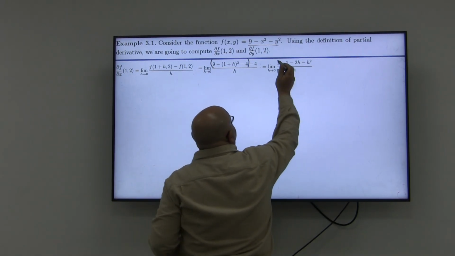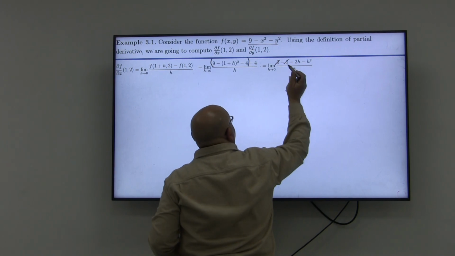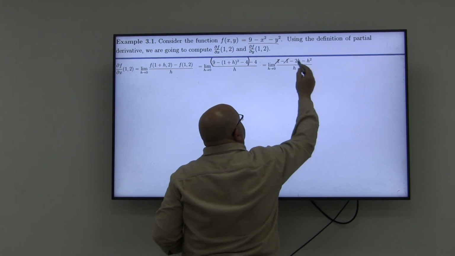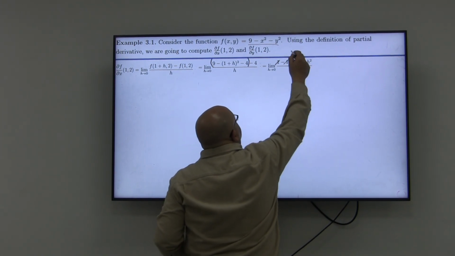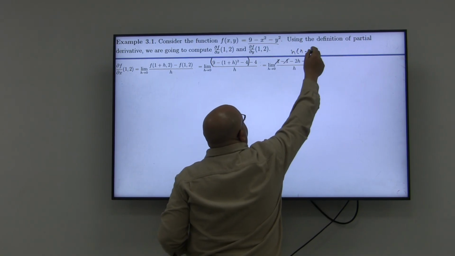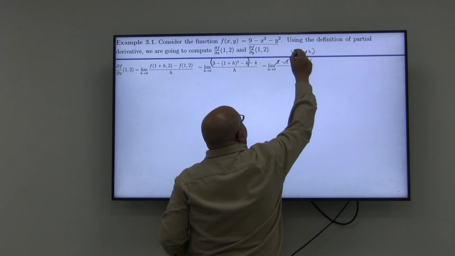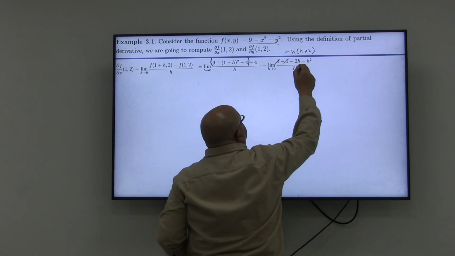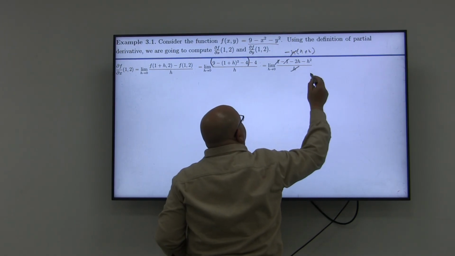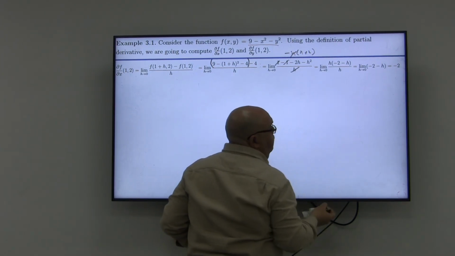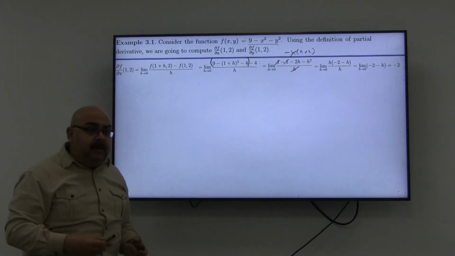So all of these numbers are erased together. I will take h as a common factor and eliminate it. So it can be h of h minus 2, or plus, and this is not minus, negative sign. I will eliminate these two and then take the limit, so it's going to come up to negative 2. Are you with me?